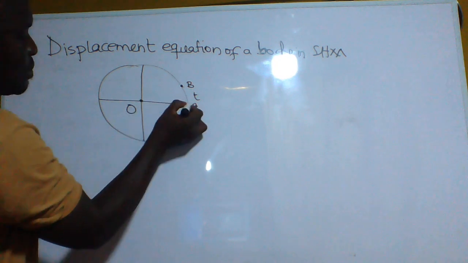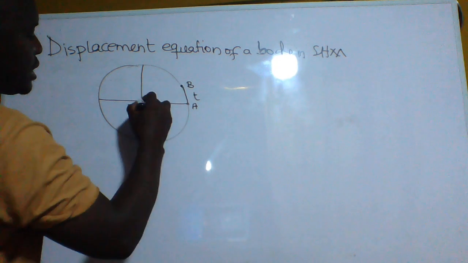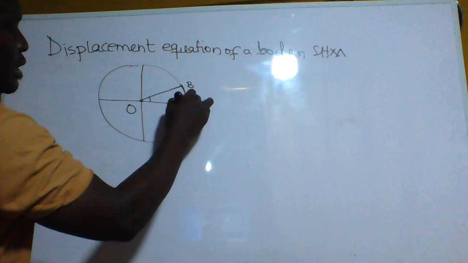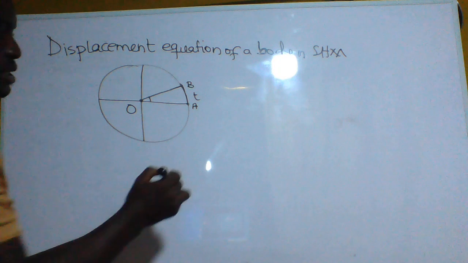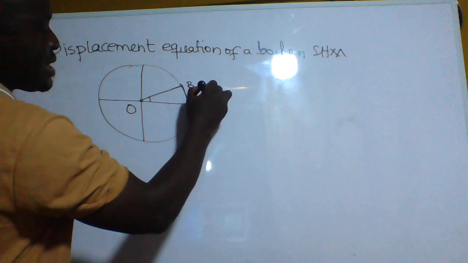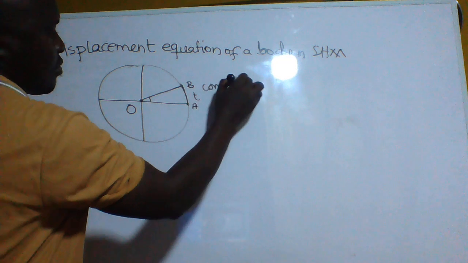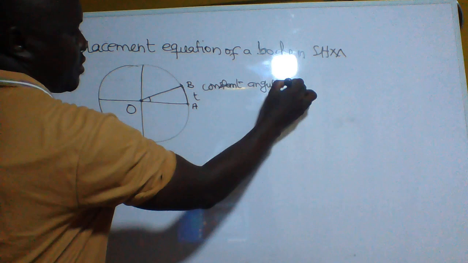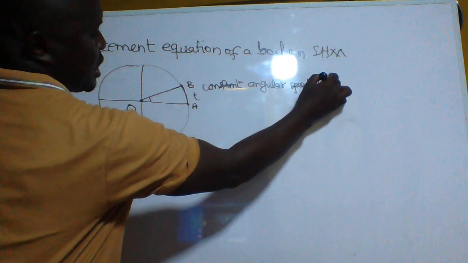This displacement along the circumference is directly proportional to the angle subtended at the center. And this body doing that circular motion in the circumference has done so with a certain constant angular speed or angular velocity omega.